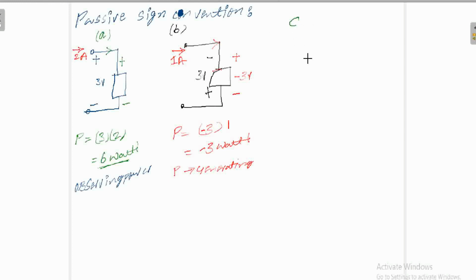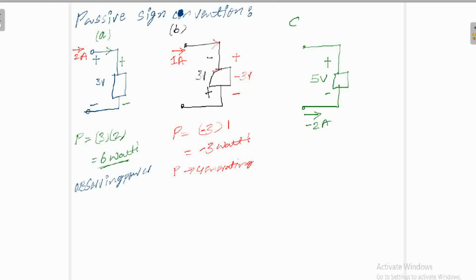Let us take one more example, C. So this is your element. Here the voltage is plus or minus 5 volts and the current direction, they have given as minus 2 amps.